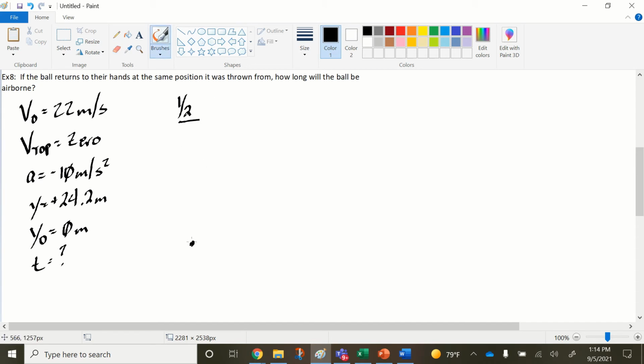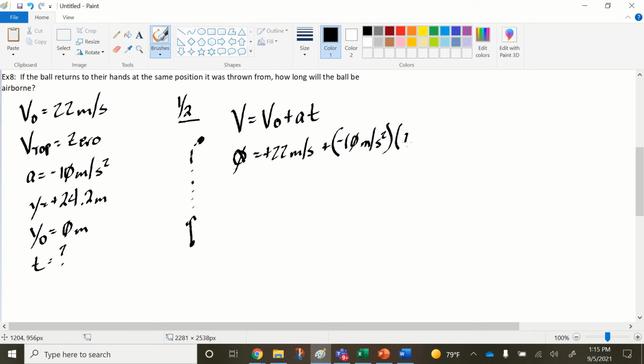We have got this object being thrown up into the air, and at some point it will reach a velocity of 0. So, easiest equation that we could possibly use. Our velocity at the top is going to be 0 meters per second. Our initial velocity was 22 meters per second. Acceleration due to gravity is negative 10.